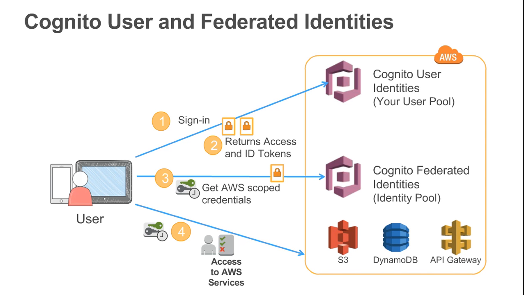And as I mentioned at the outset, you get to define what the permissions are associated with these credentials, so you can decide exactly what, say, back-end resources you want these users to be able to access. And then in step 4, you've got those credentials, so your app can then use the back-end resources in S3 or DynamoDB or anything behind API Gateway.